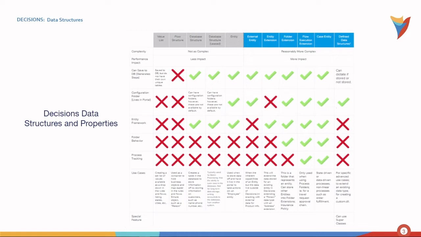And typically with value lists, a use case for them would be a drop down list containing all 50 states of the United States on a form. So this is just an easy way to declare that list and then use it later on, in this case, as I mentioned, on a form.